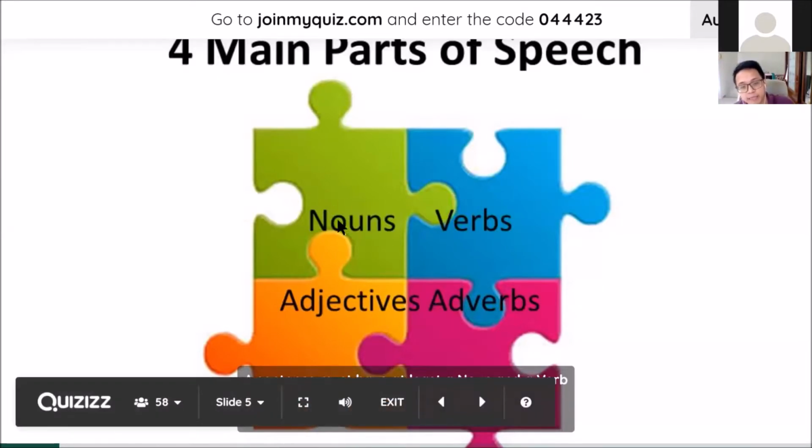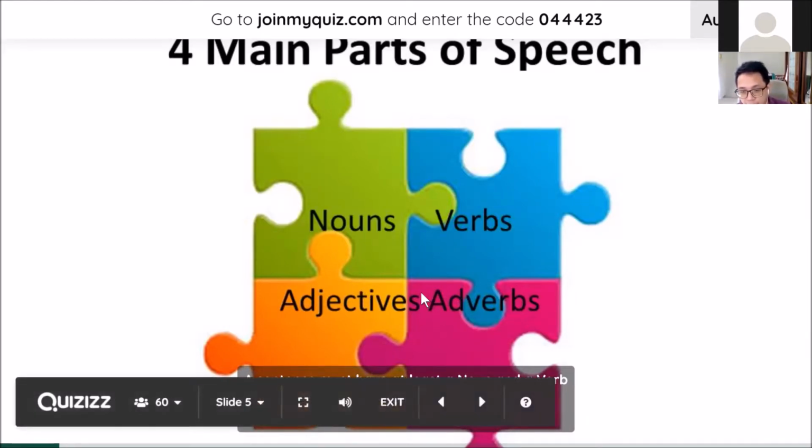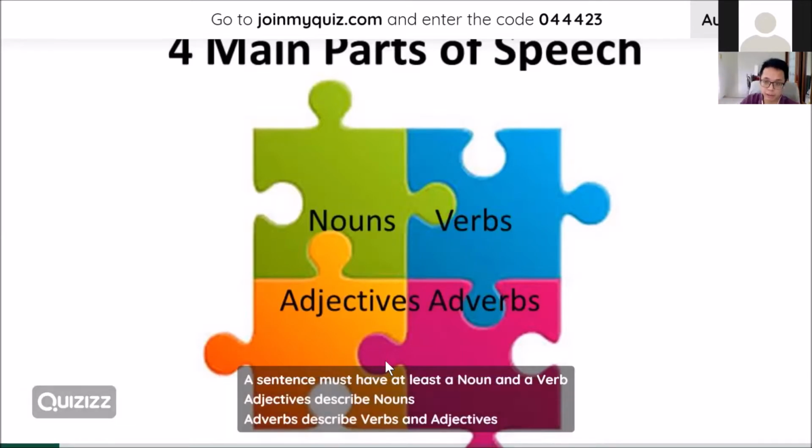Adjective 拿来形容名词, adverb 是形容动词, and sometimes they also describe adjectives. So adverb describes adjective and also describes verb.